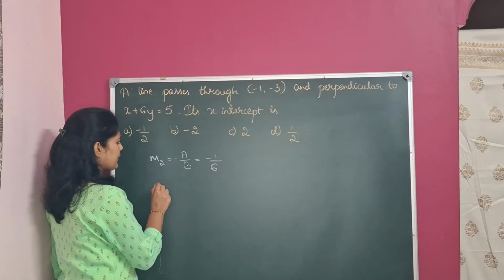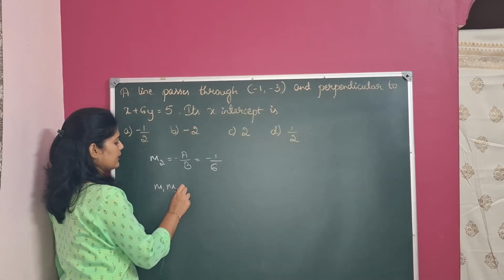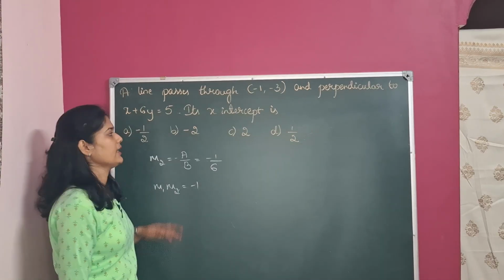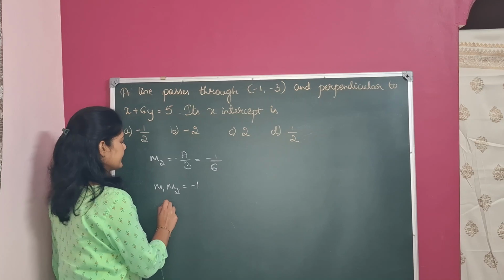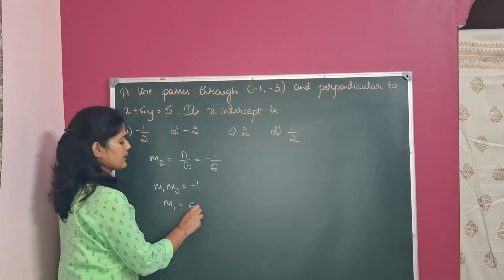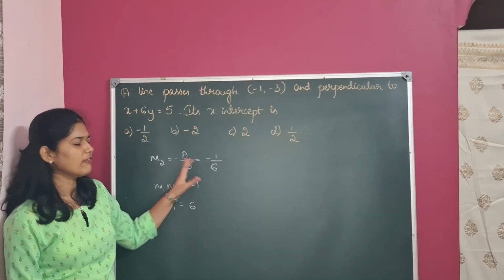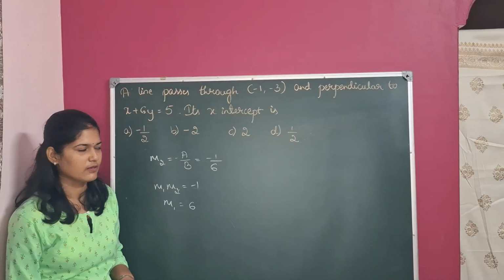If the lines are perpendicular, then we know that m1 into m2 is equal to minus 1. If the slope is minus 1 by 6, then the slope of the first line will be 6, because we have m1 into m2 is equal to minus 1.